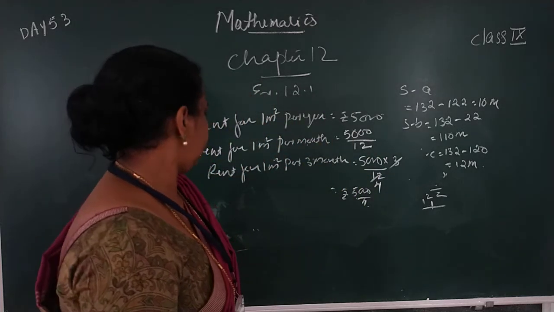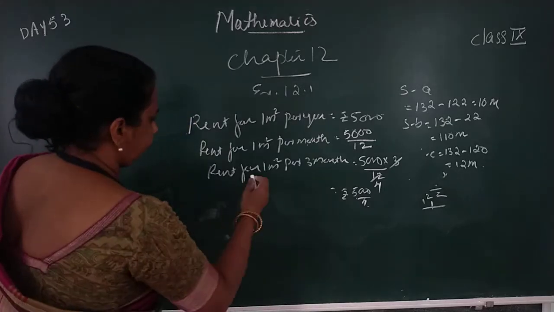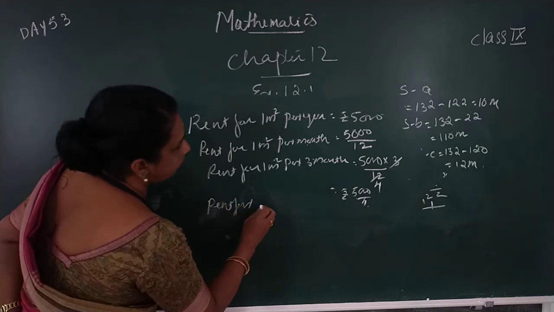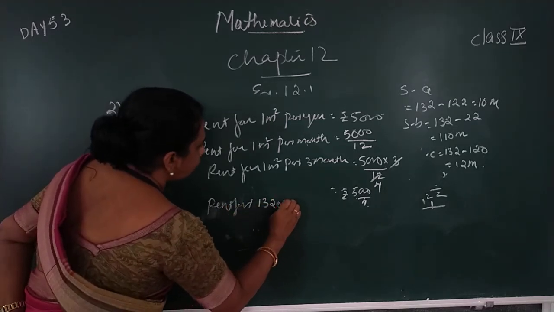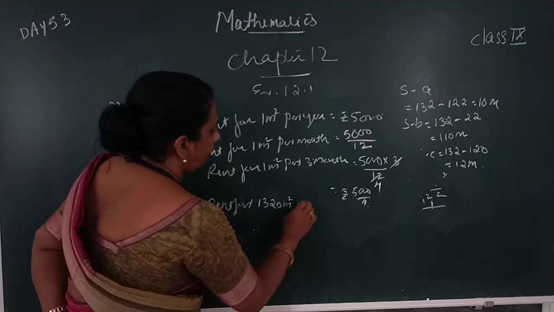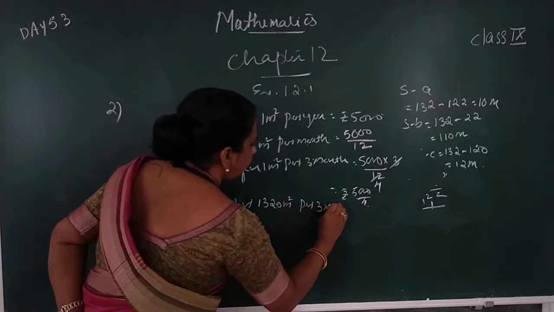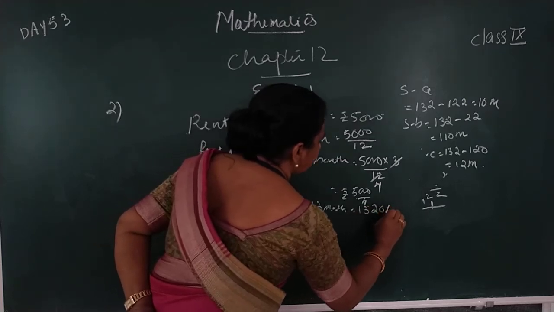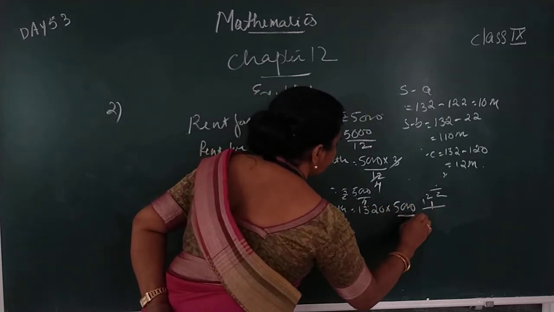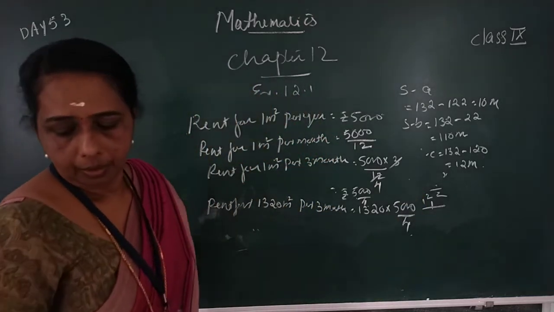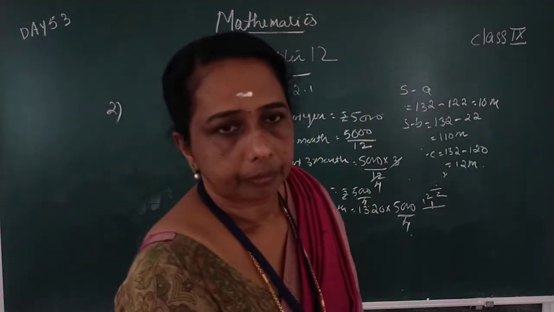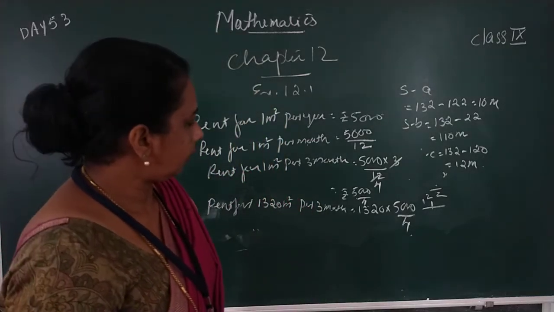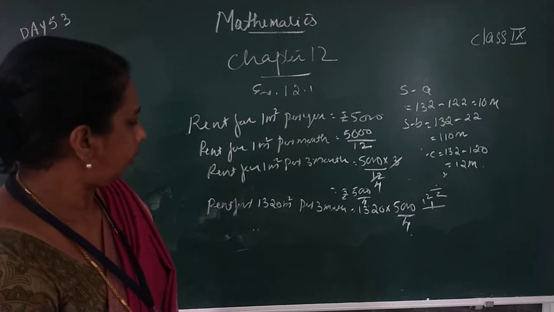Here we can find out the rent for 1320 meters square for 3 months. That's equal to 1320 into 5,000 by 4. Then calculate. You will get the answer.